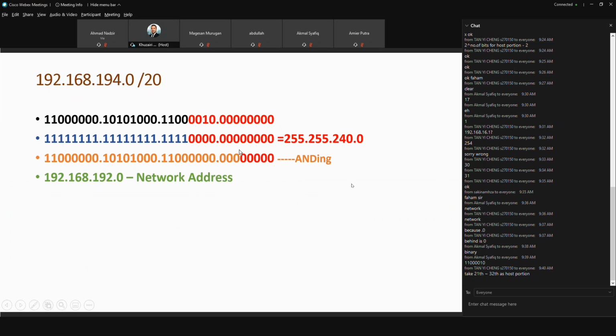Can you see this? Okay. So the IP given to you is not a network address. It's a host ID. The network address is 192. Understand?